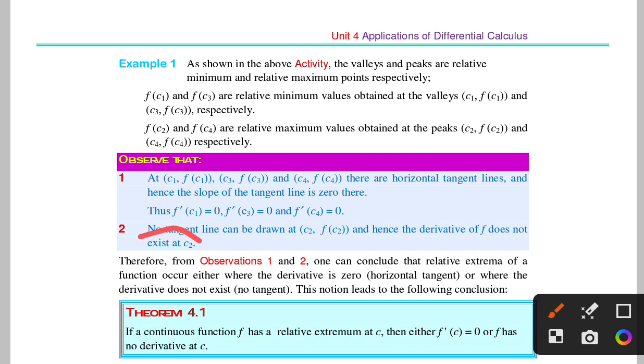No tangent line can be drawn at C2, f of C2. Hence the derivative doesn't exist at that point.